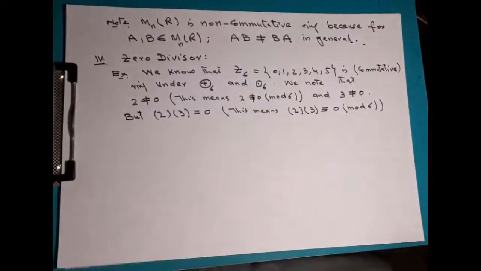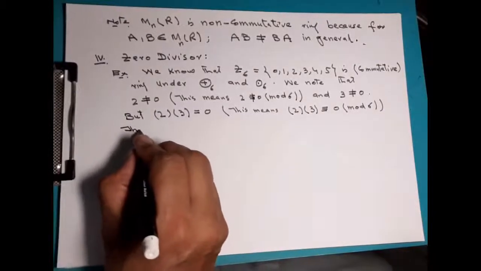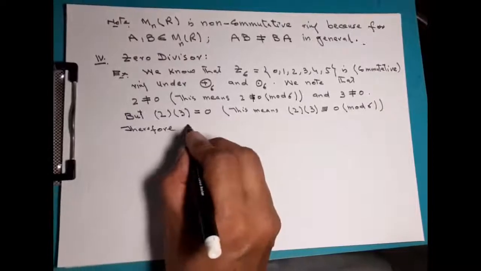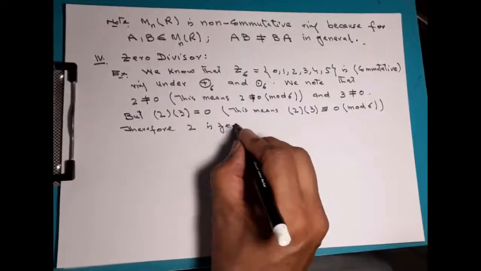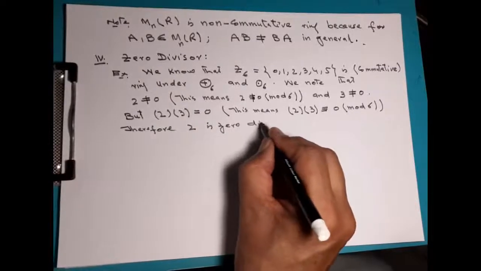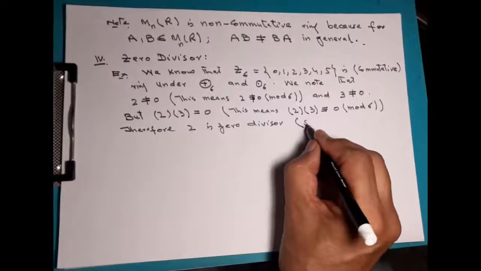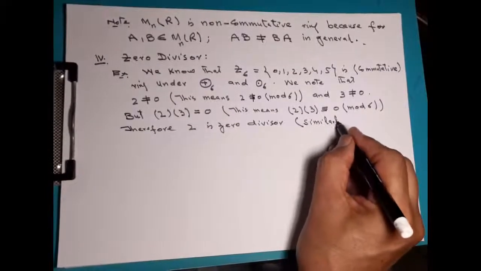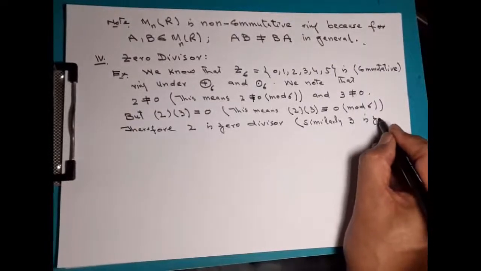Therefore, 2 and 3 are zero divisors. Therefore, 2 is a zero divisor. Similarly, 3 is a zero divisor.